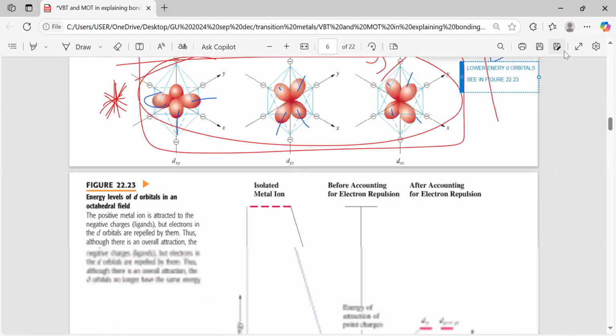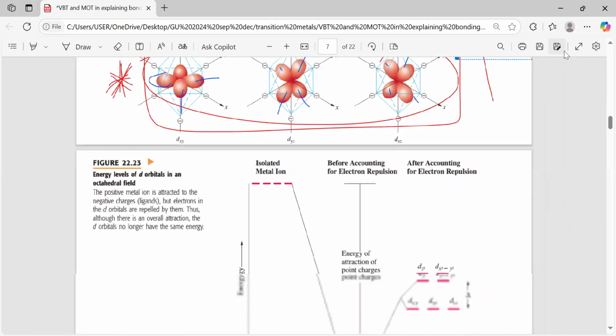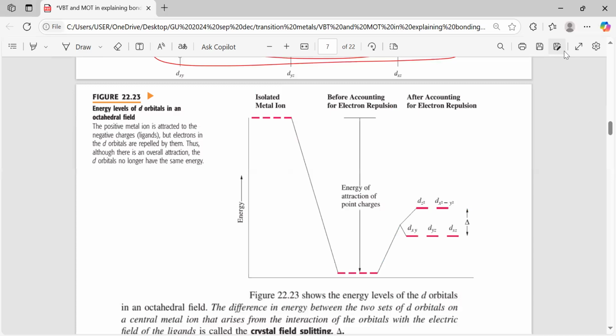We shall see how that splitting happens. Initially, before bonding happens, this is my metal ion, your chromium 3 plus. Before ligands come, then when ligands come in, we assume the energy drops. Remember that, the energy drops. Why?